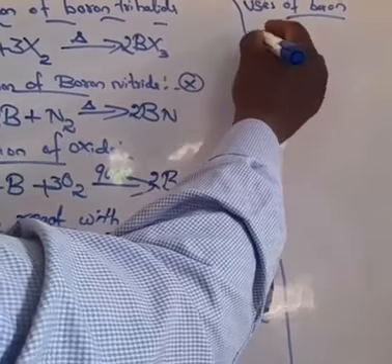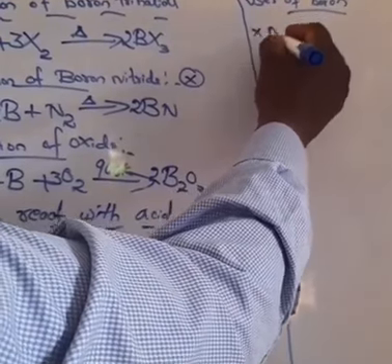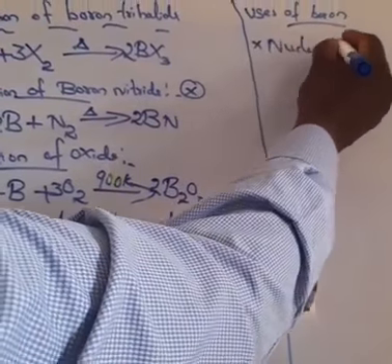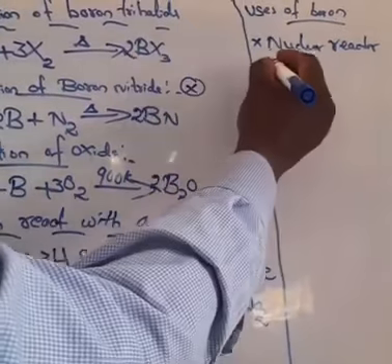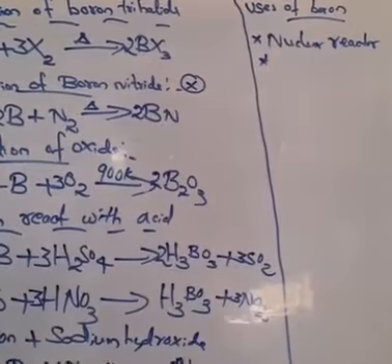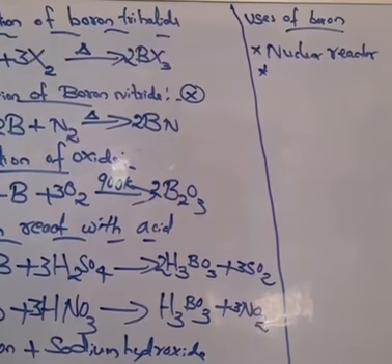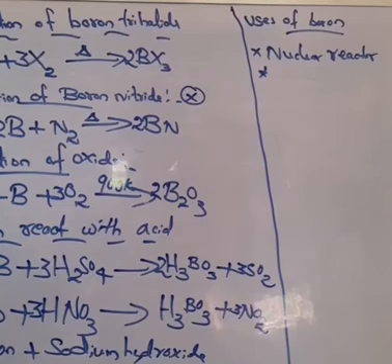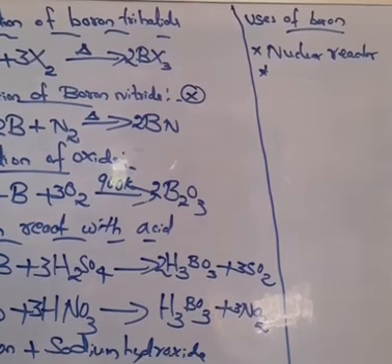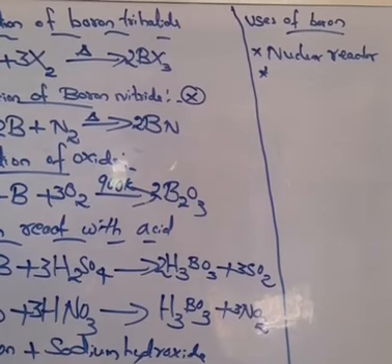One use is in the nuclear reactor. The second use is as rocket fuel, used as a rocket fuel igniter. The third one is it is essential for the cell wall of plants.